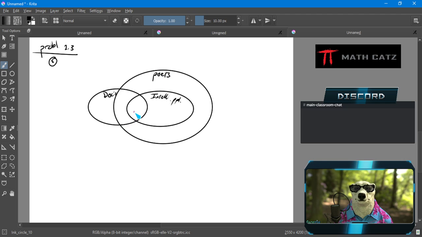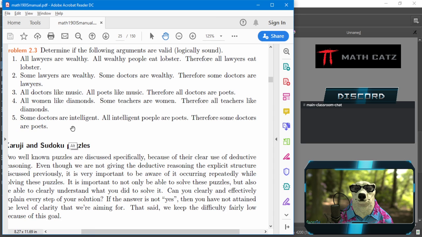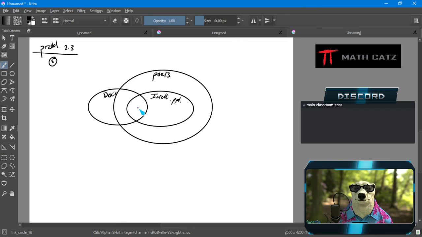I cannot get around that because the doctors and the intelligent people circle are attached to each other. So I unfortunately cannot get a layout that makes this third statement not true. Some doctors are always going to be poets, unfortunately. So I have to conclude it is logically sound.